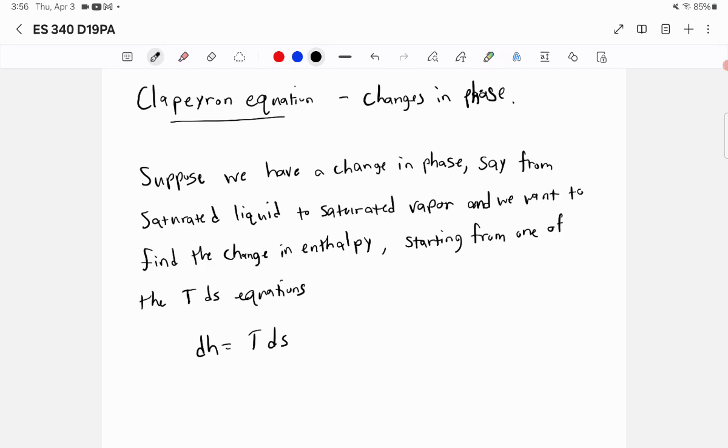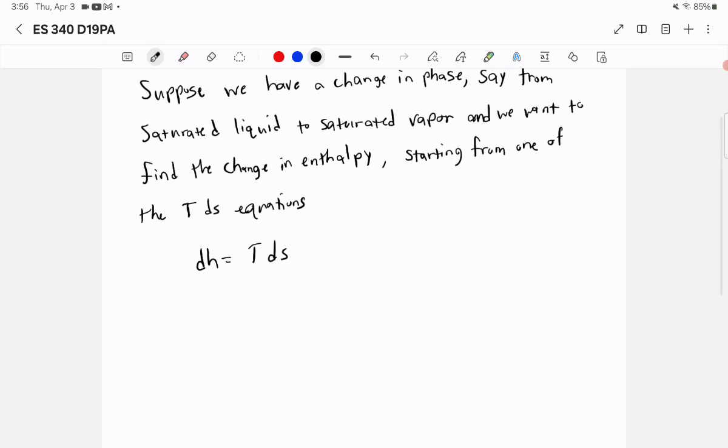We'll start off by doing changes in phase and work our way out to pure phase, or when there is no change in phase. Starting with the changes in phase, we may as well talk about something we've been talking about a lot in the course, which is when you change phase from liquid to vapor or vice versa.